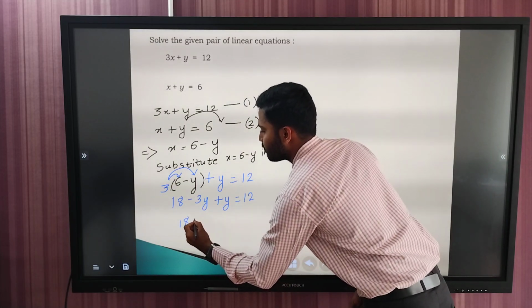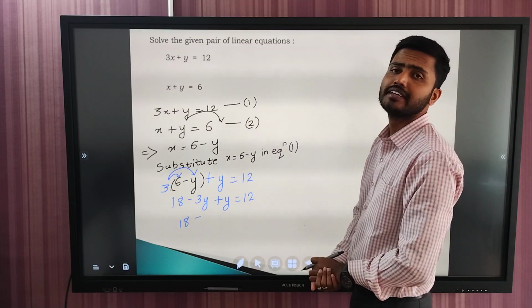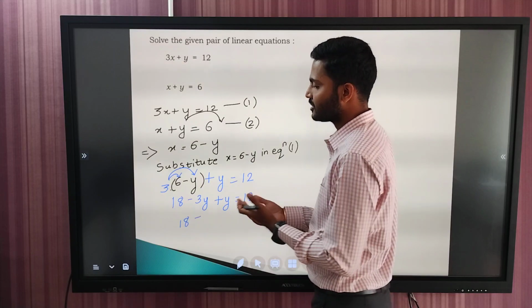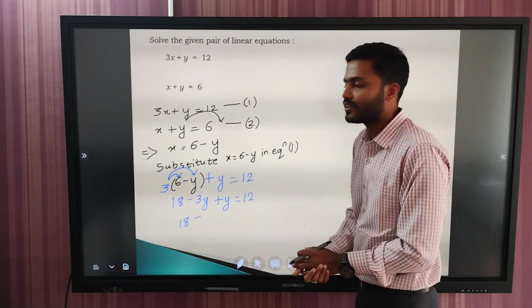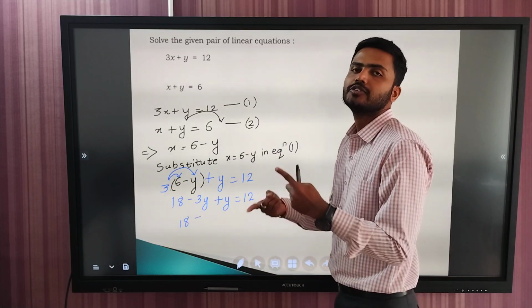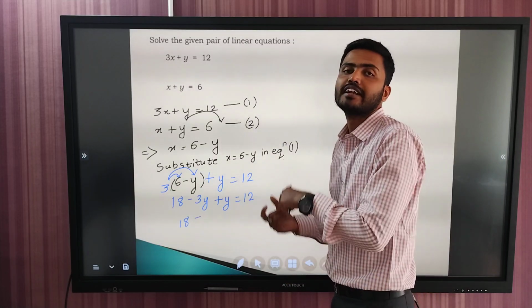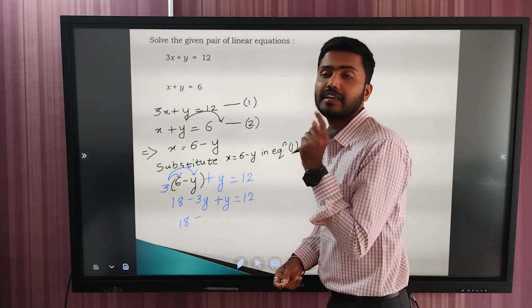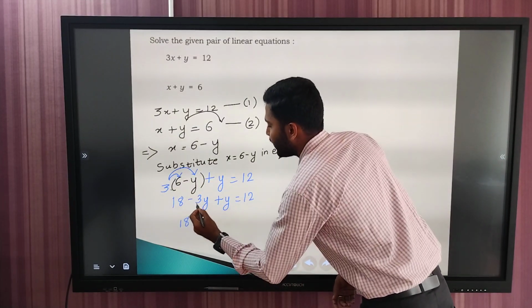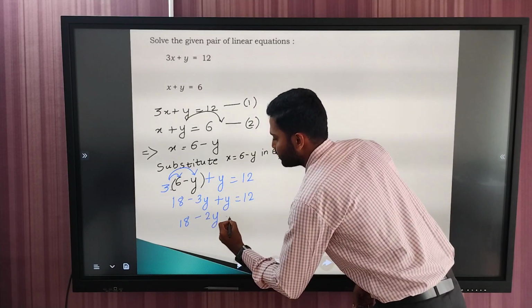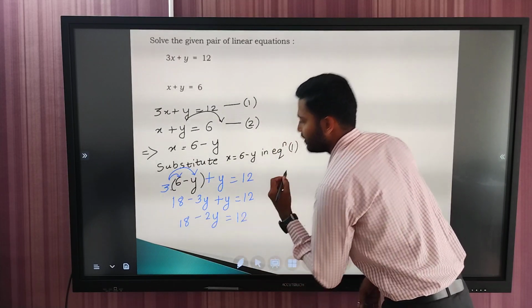Minus 3y plus y, what is it going to be? Is it minus 2y or plus 2y? Yes, it is going to be minus 2y, because whenever we have two integers of opposite signs, you subtract the smaller integer from the bigger integer and keep the sign of the bigger integer. So minus 3y plus y gives you minus 2y is equal to 12.